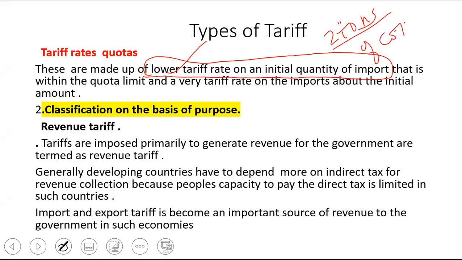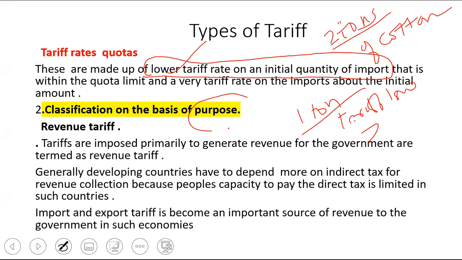Let us assume cotton, so we are not importing, it's only an example. So up to 1 ton, tariff will be low. After 1 ton, for the remaining 1 ton, the tariff will be high. That is the meaning of tariff quota.